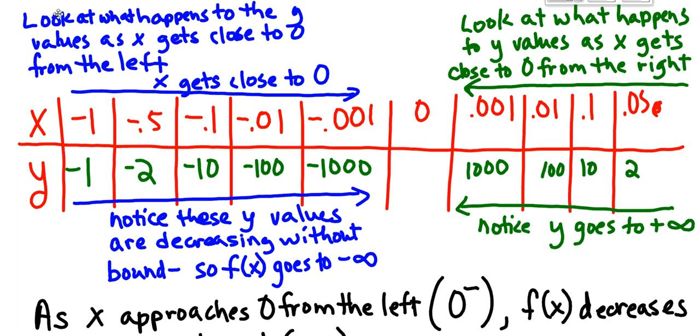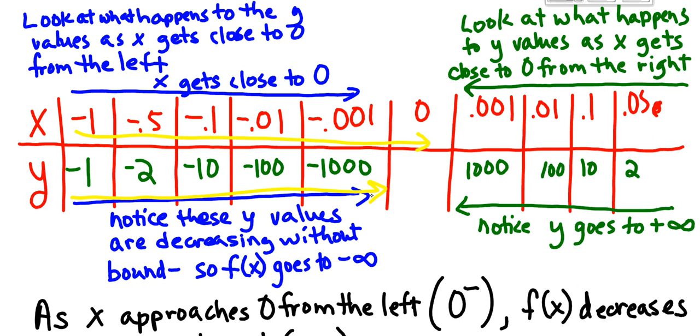Look at what happens to the y values as x gets close to 0 from the left. So I'll use my yellow marker right now. So x is getting closer to 0 from the left side of 0. And notice that these y values are decreasing without bound.